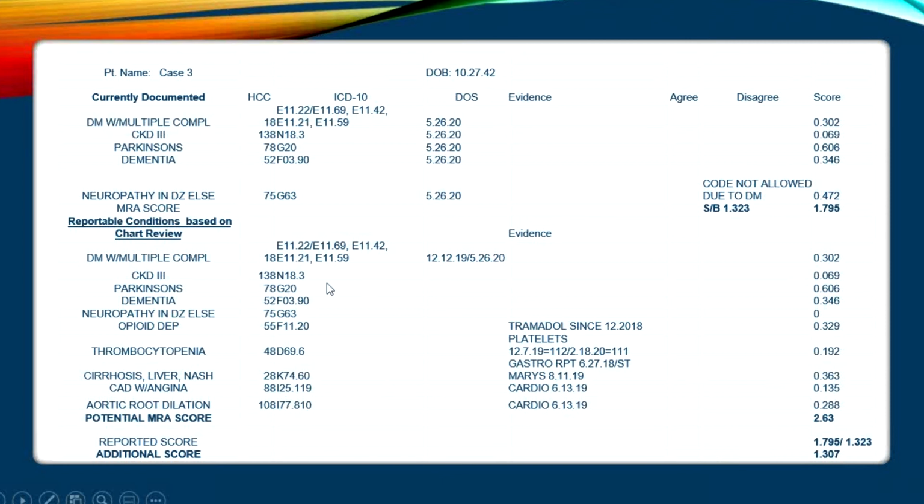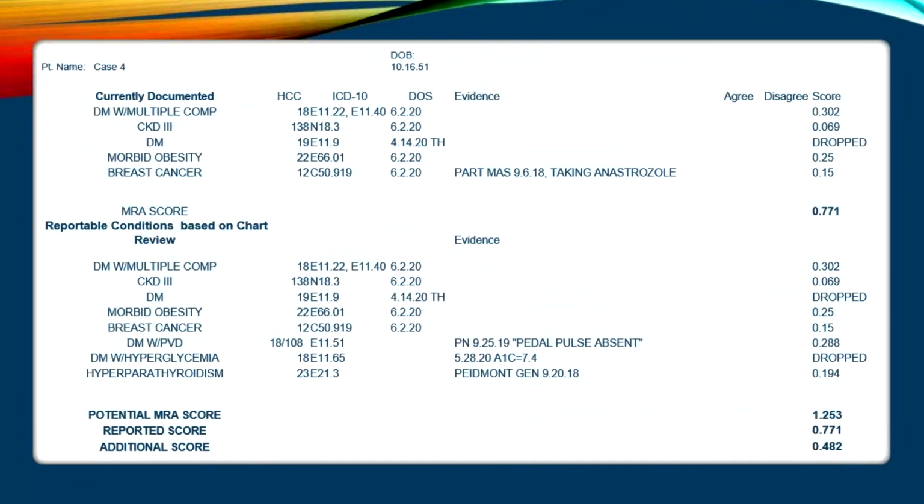So it is eye-opening as you start to go through these charts and truly identify what is in those specialist notes, what are in some of those lab results, because there are a lot of scoreable conditions that need to be documented. And again, it is the patient's health status. You have an obligation to report it as such.